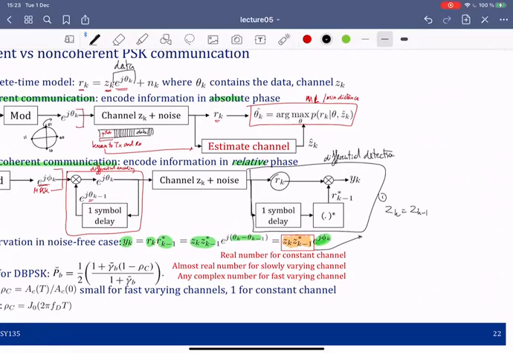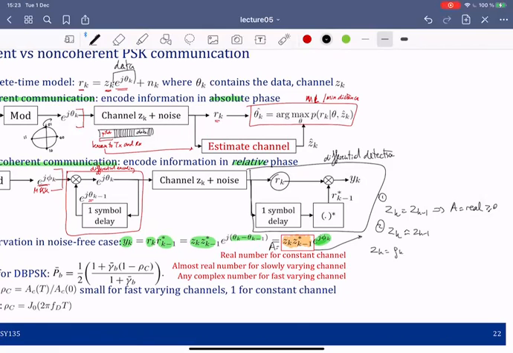So this is case 1. And let's call this number A. Then A is real and greater or equal than 0, because the complex conjugate wipes off any phase. So this is good.